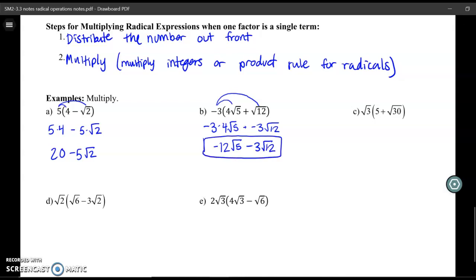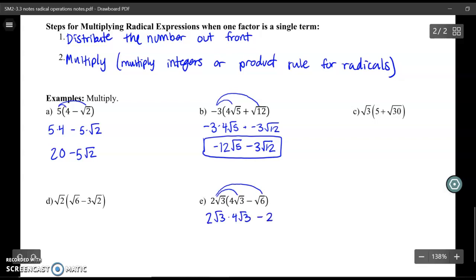Okay, let's work through one more complicated example. Let's work through E. Okay, I'm going to distribute 2 square roots of 3 into my parentheses. So I have 2 square roots of 3 times 4 square roots of 3 minus 2 times the square root of 6. Okay, so remember when I am multiplying radicals like this in this first term, I'm going to multiply the numbers out front together, and then I'm going to multiply the numbers that are inside of the radical together.